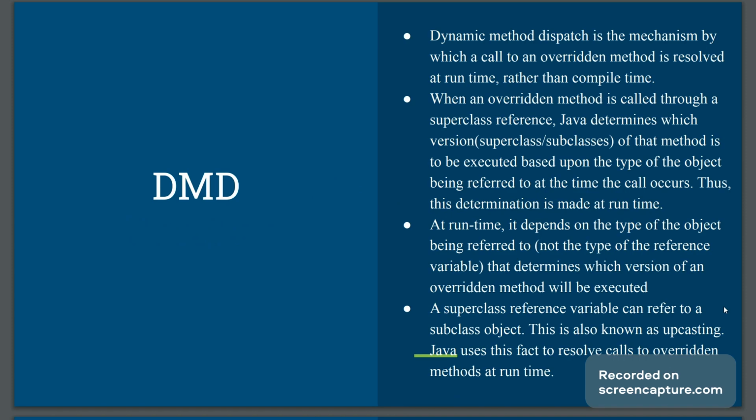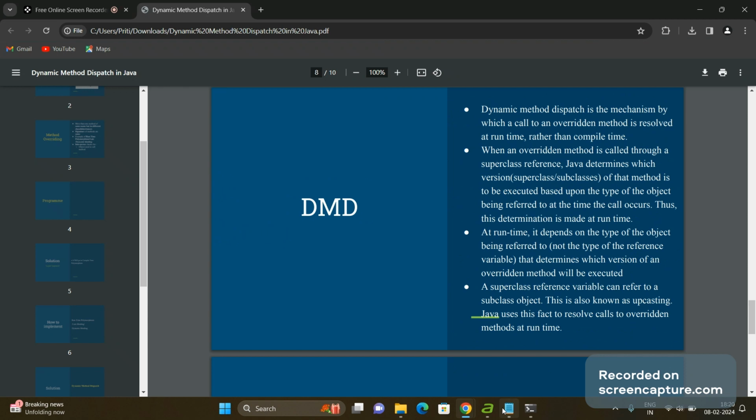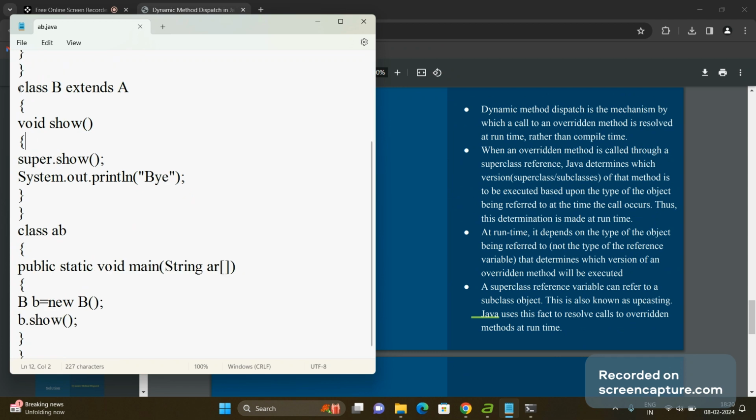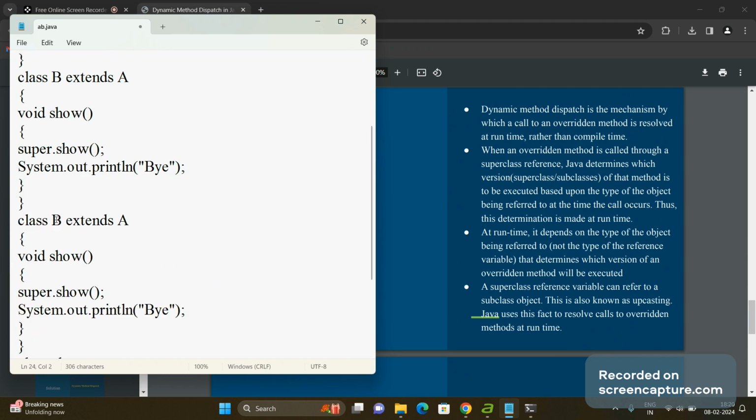Now, how can we implement this? Suppose I have class A with a show method, and class B is extended from A. Suppose I have one more class C, which is again extended from A and has the same show method but with a different output.